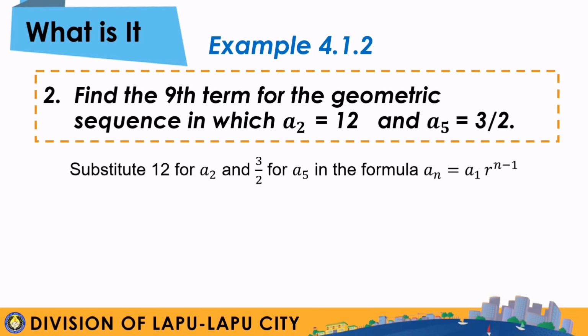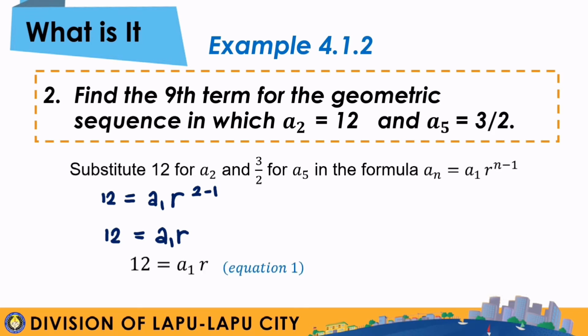For the second term, that would be 12 is equal to the first term times r to the exponent 2 minus 1. Or you can simply write 12 equals first term times r.